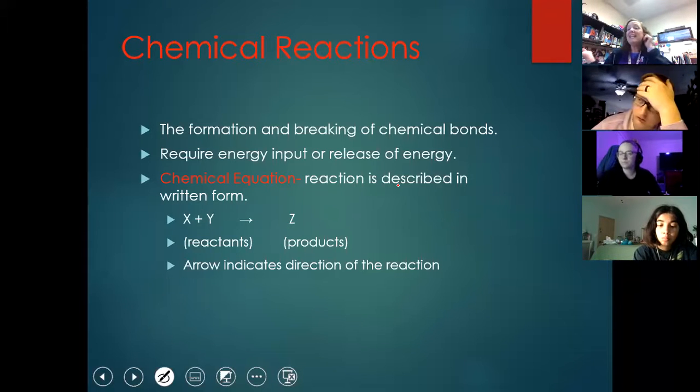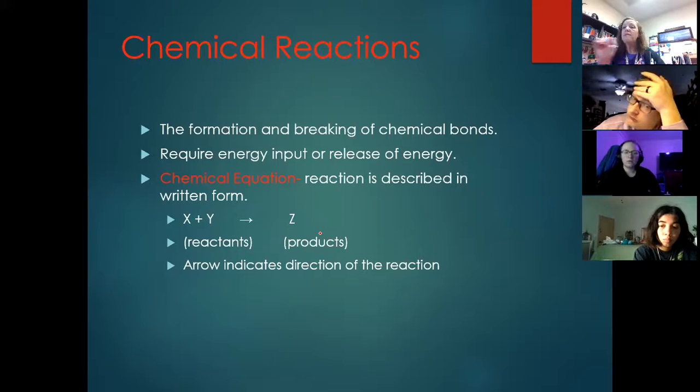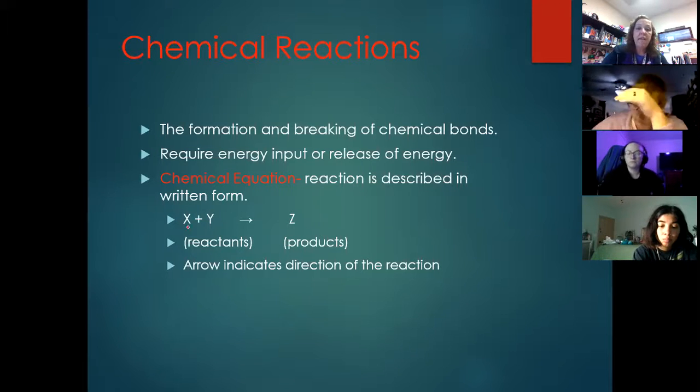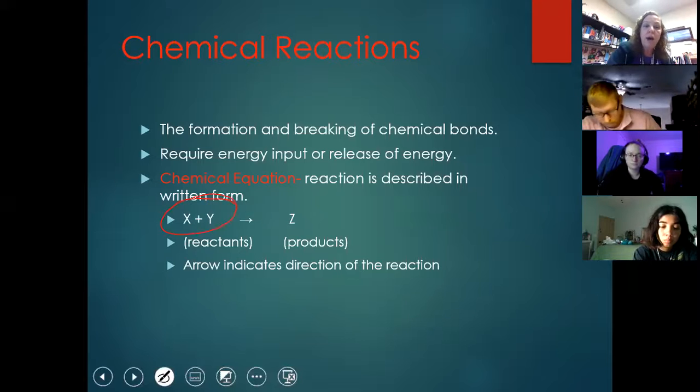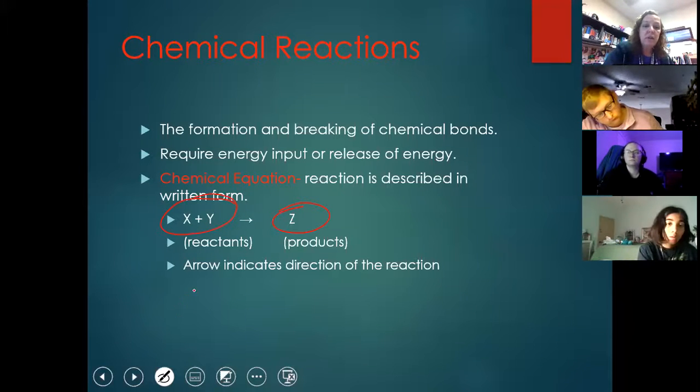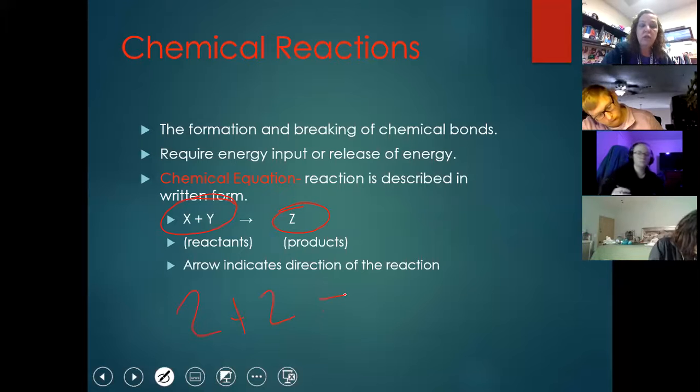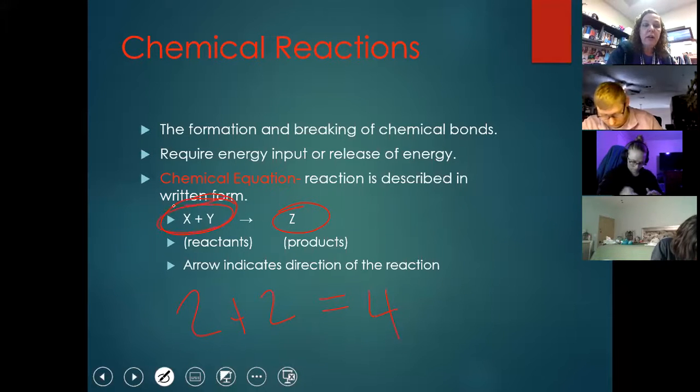So if you've ever taken any kind of basic chemistry class, you know that it's almost like a mathematical equation. 2 + 2 = 4. Same thing here. I have x + y = z. So this is no different than a mathematical 2 + 2 = 4, except here, these are what are reacting together.